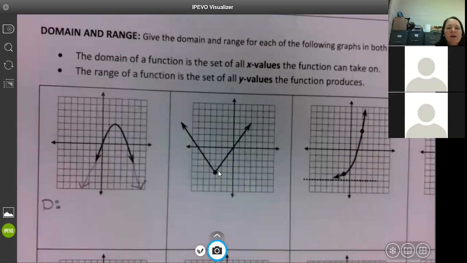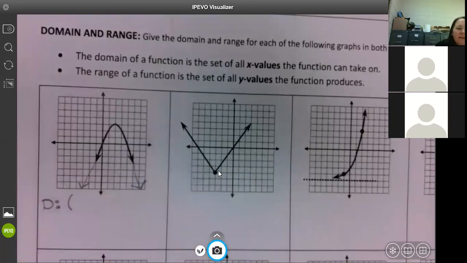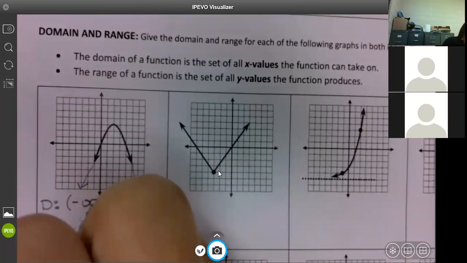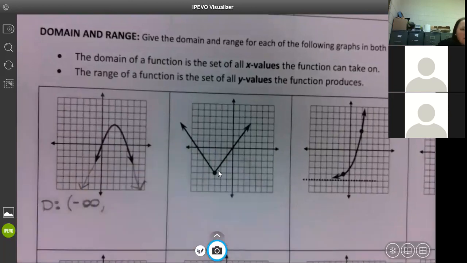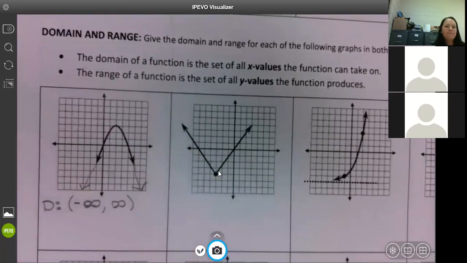How far does it go to the left and the right? Infinity. Yes, and the way we write that is a parenthesis because infinity is not really a number, okay? It's just a direction. So it goes to -infinity because we always want the littlest one first. And then it goes all the way to positive infinity.